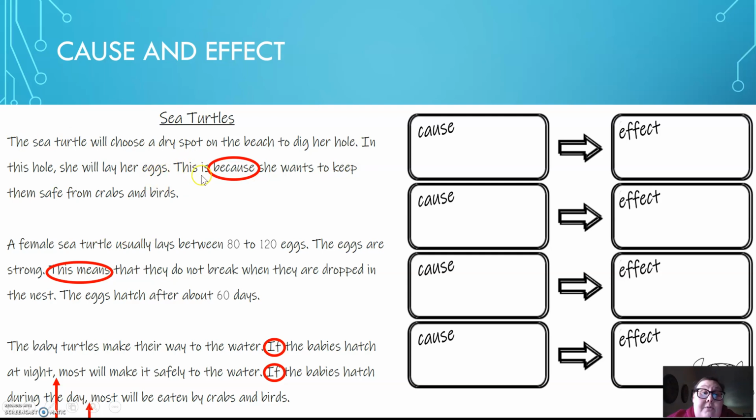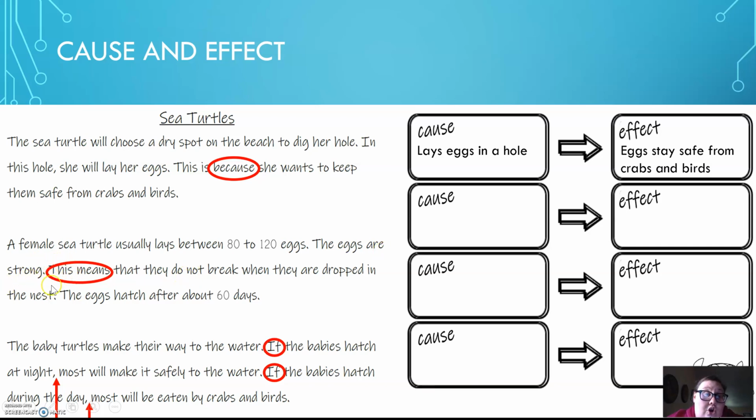But when we have it separated out like this, just check to see what they mean by this. So in this case, the word this is referring to the female sea turtle laying her eggs in the hole. And so the cause is she lays her eggs in a hole. The effect, eggs stay safe from crabs and birds. So we come down here. Again, we have this.